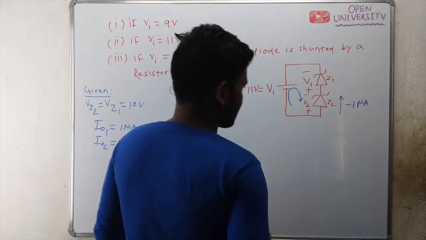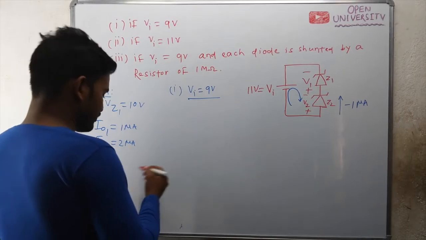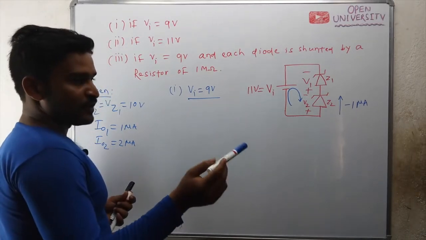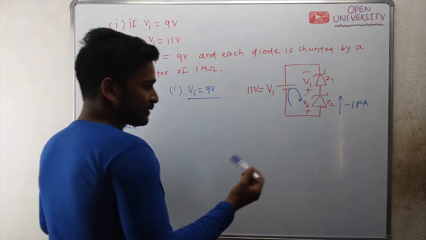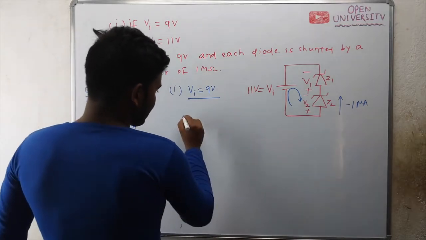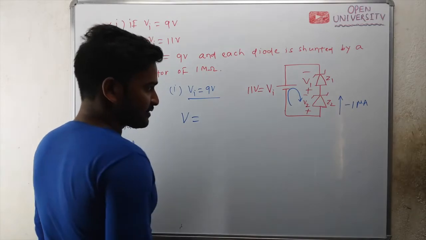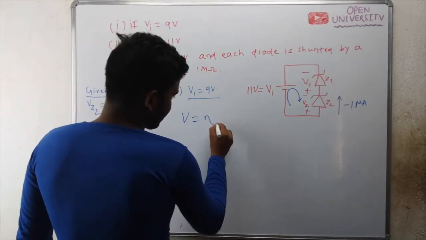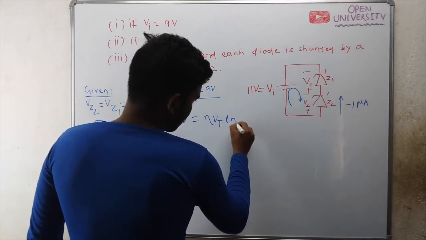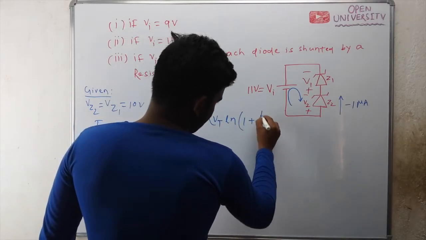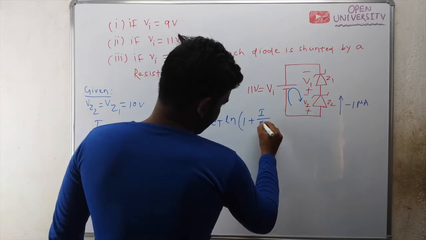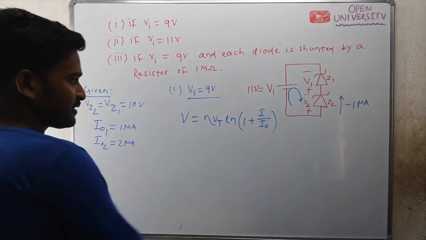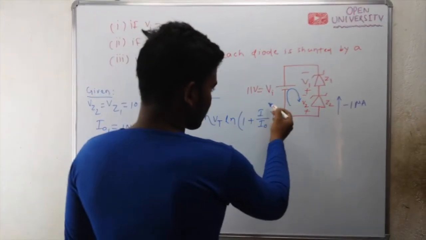Use the equation of diode I equal to I naught into e power Vd by eta Vt minus 1. From that we get the forward voltage across the diode V equal to eta Vt log of 1 plus I by I naught. This is the forward voltage across the diode and this is the forward current through the diode.